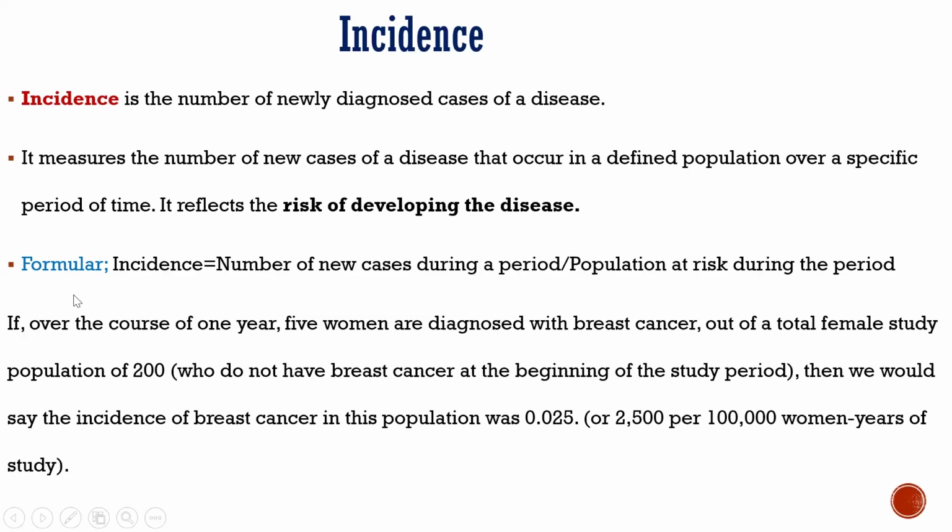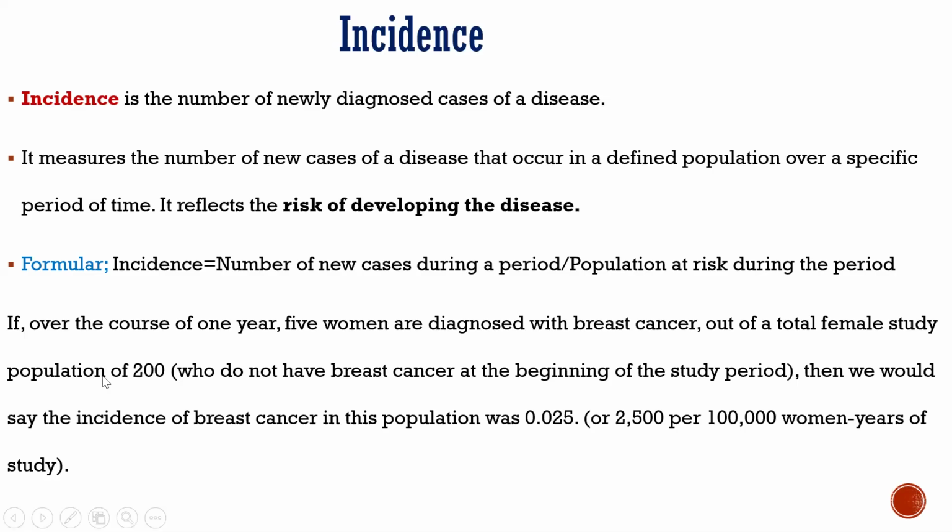So let's take, for instance, if over the course of 1 year, 5 women were diagnosed with breast cancer out of a total female study population of 200, that is those who do not have breast cancer at the beginning of the study period.